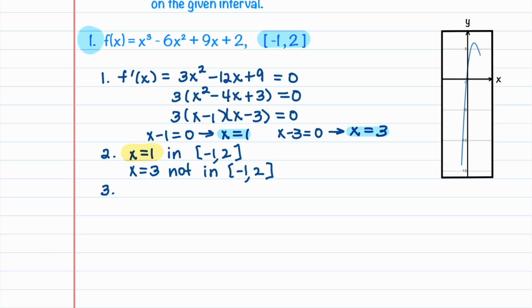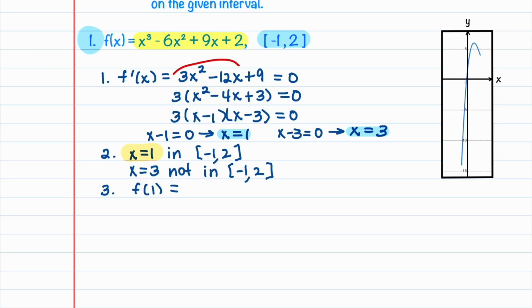Step 3 says that we have to find the value of f at the critical number in the interval and at the endpoints. So we are going to find f at 1. You just go back up to the original function. Let me go ahead and highlight this in yellow. And we're going to substitute in that x is equal to 1.